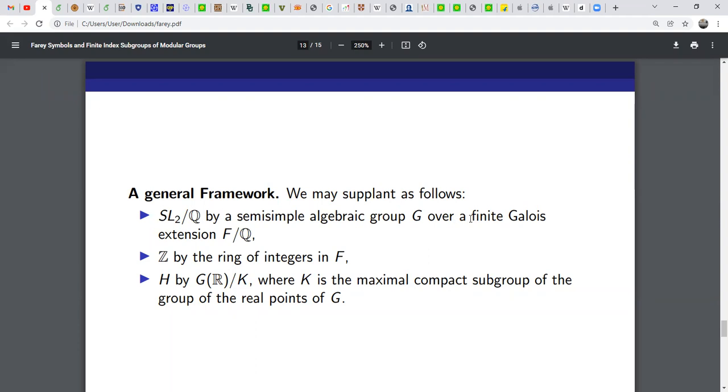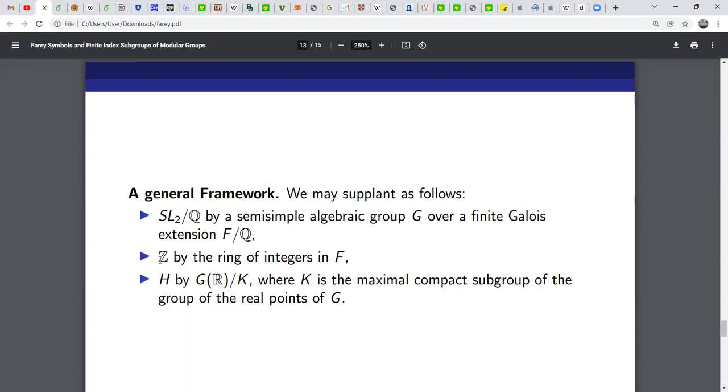And the field under consideration, we are by no means obliged to work with rationals themselves. We can work with SL2 over F, where we consider a finite Galois extension F of Q. Galois extensions are being considered here just to simplify the calculations.